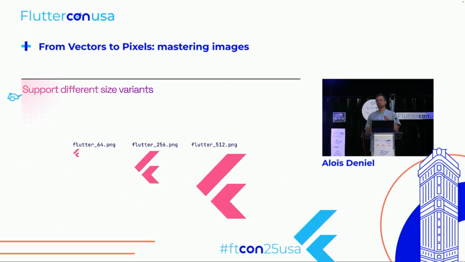You could also use a LayoutBuilder to choose one image over the other, or other strategies like that. So this can be really tedious if you have different versions of your image to maintain and to refresh each time the designer delivers new designs. That's something to keep in mind.